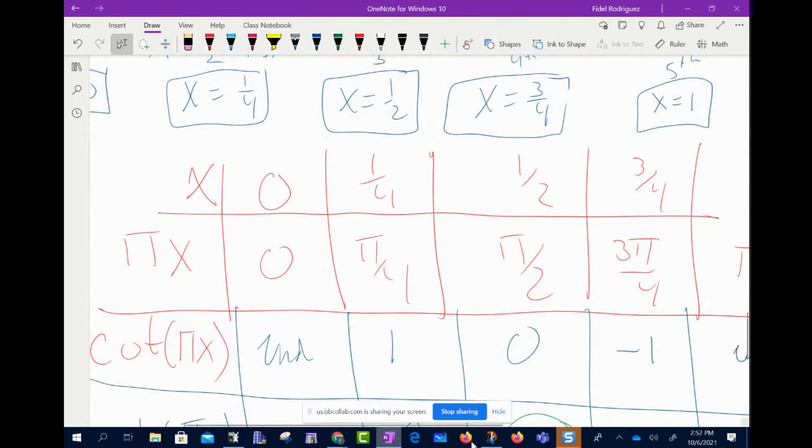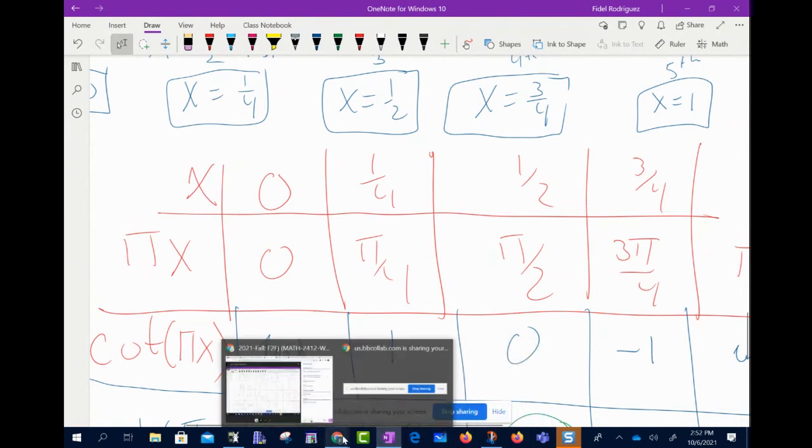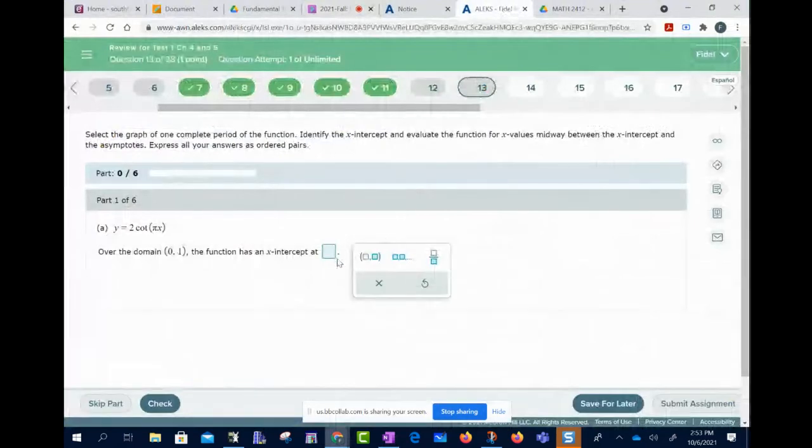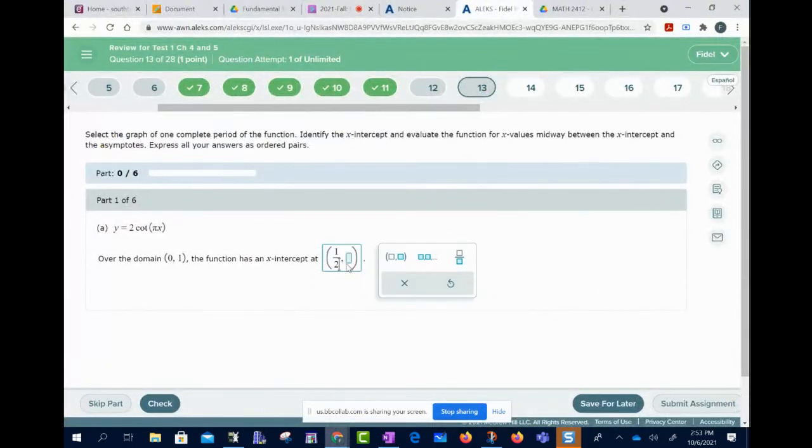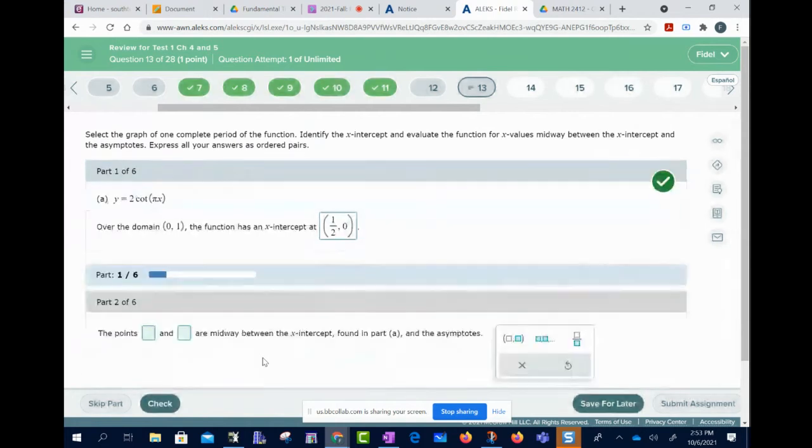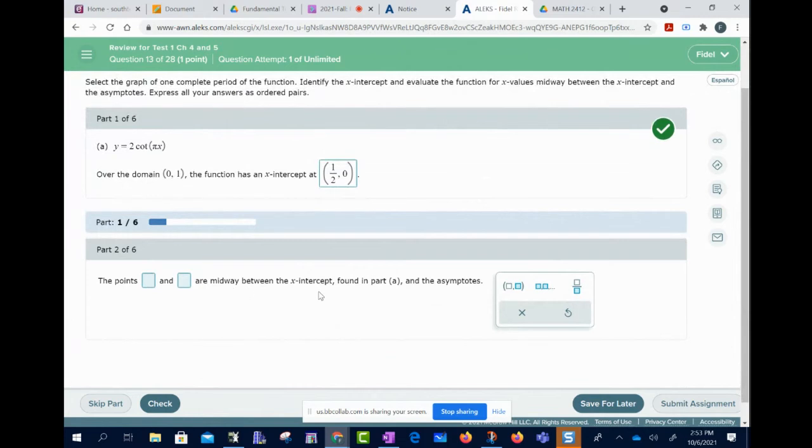So it's going to have an x-intercept of 1/2 and 0. Check it. Boom, we got it. Okay, now what points are midway between the x-intercepts?